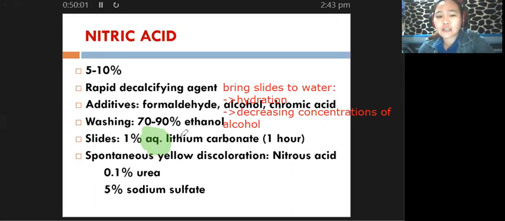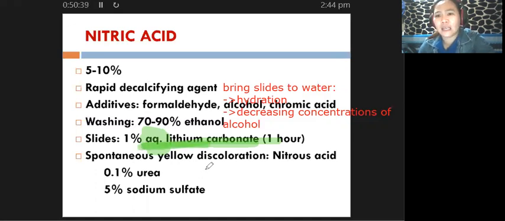That means the solvent used for the preparation of your lithium carbonate is water. You will not be able to effectively use lithium carbonate if your sections are not compatible to water, the solvent utilized to prepare your lithium carbonate. Remember, this is an aqueous solution, so you have to make your sections compatible to it.